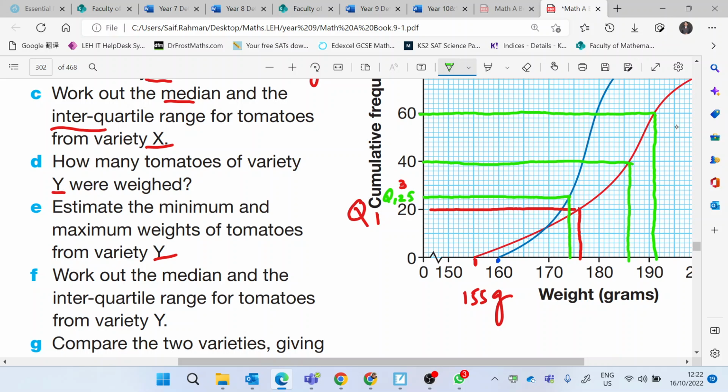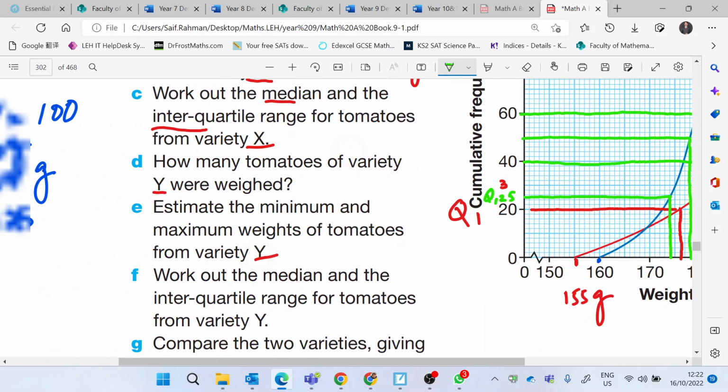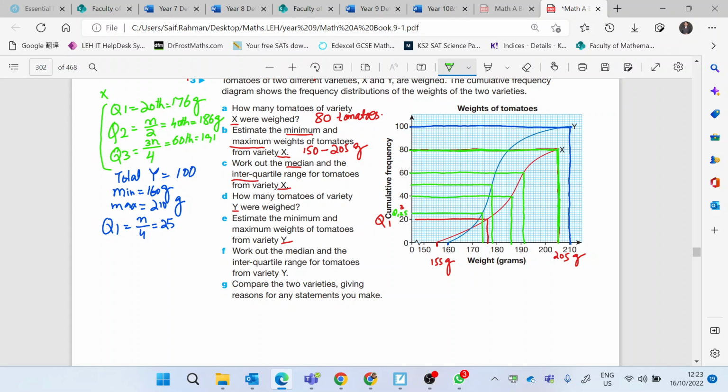is Q1, and Q2 is the 50th value, since n by 2 is equal to the 50th value, and Q3 is 100 times 3 by 4, 300 over 4.